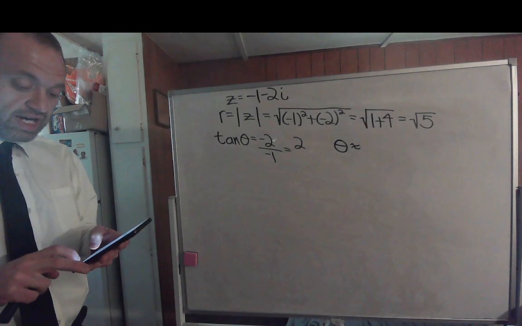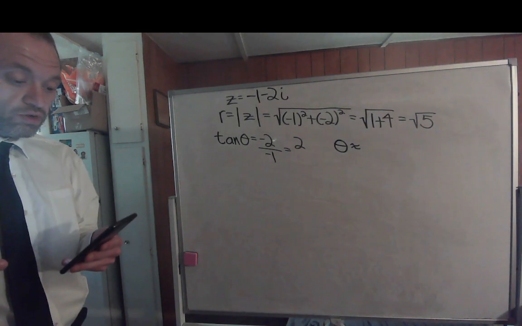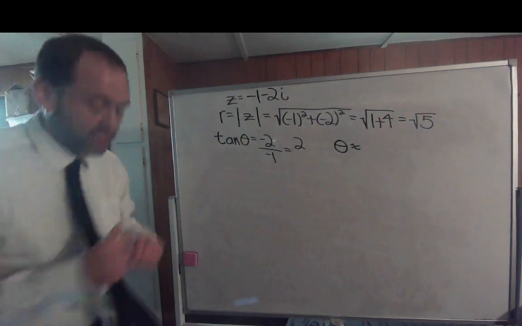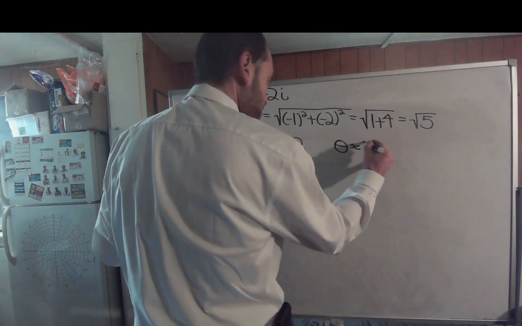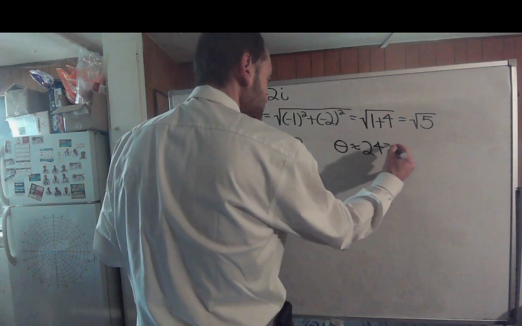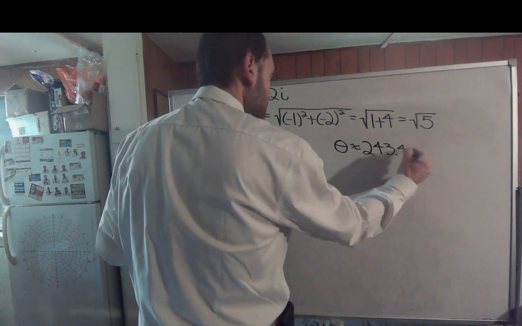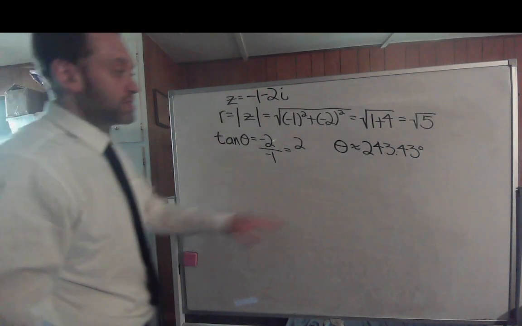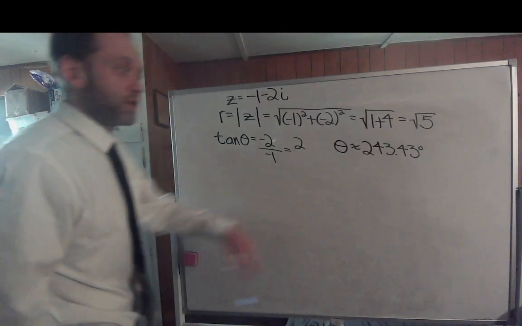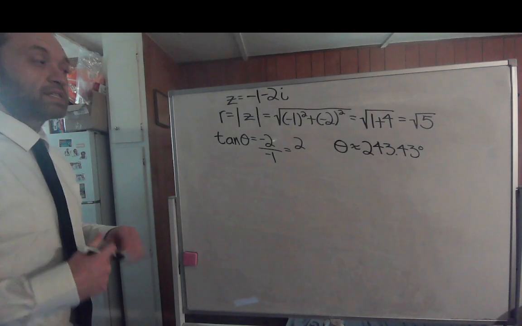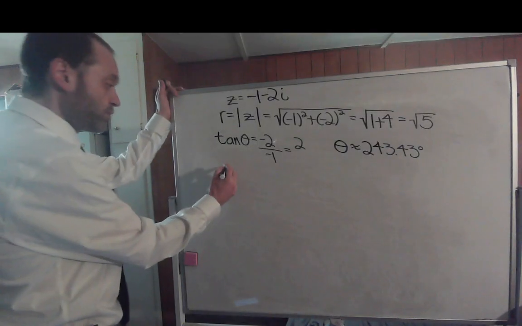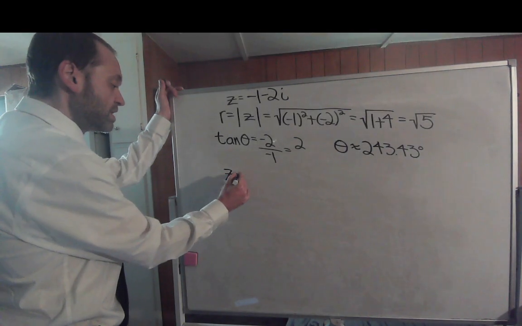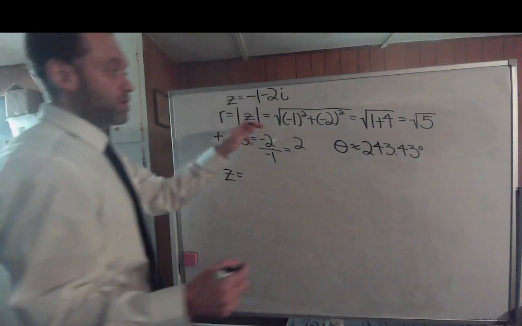If you add 180 to that to get you into the third quadrant, you get approximately 243.43 degrees. So your angle is approximately 243.43 degrees.